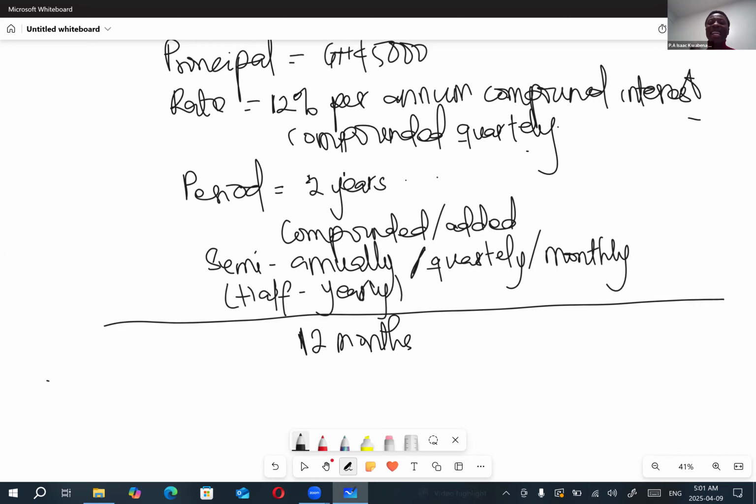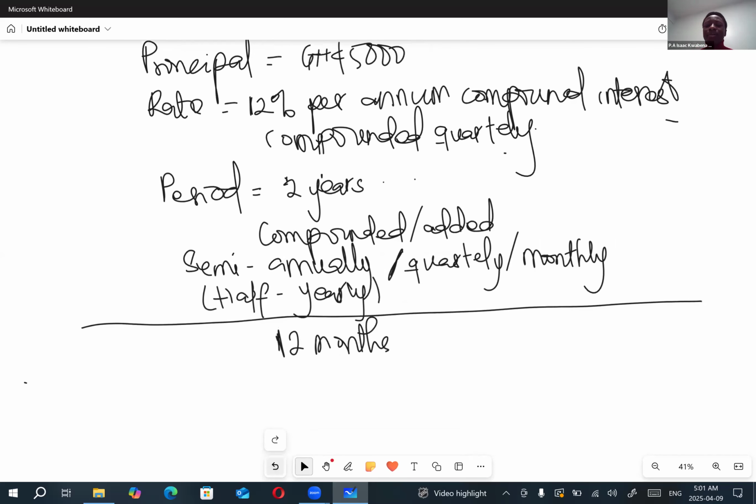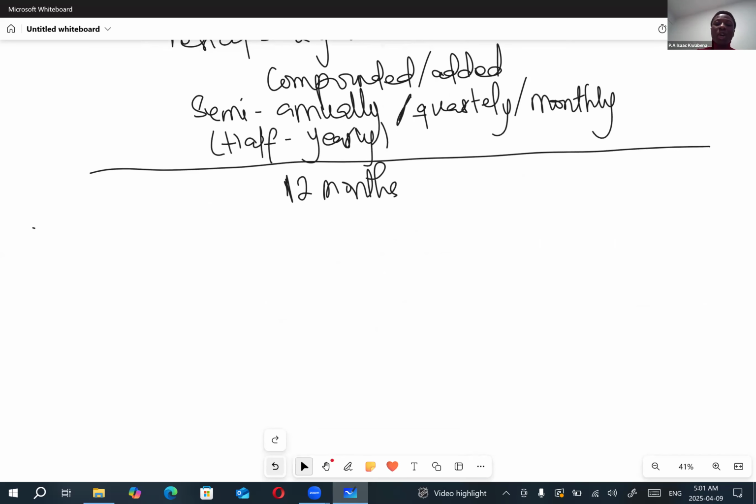Now, if they are telling you that they will be adding the interest to your money, pay attention. If they tell you that they will be adding the interest to your money quarterly, what does quarter mean? Someone should explain what quarter means.